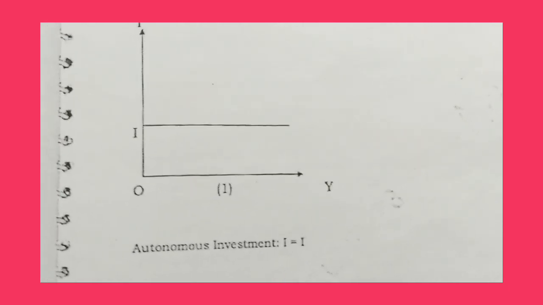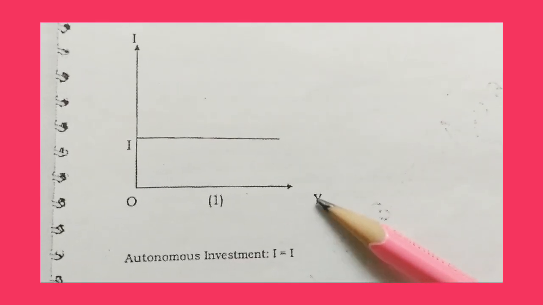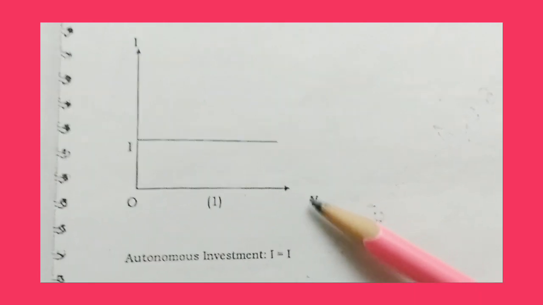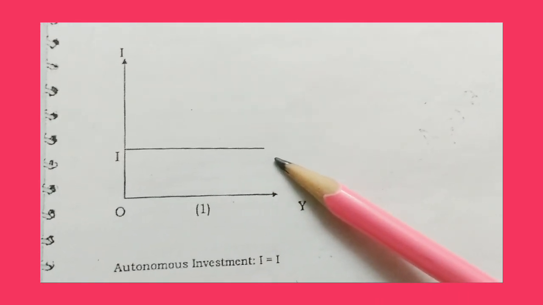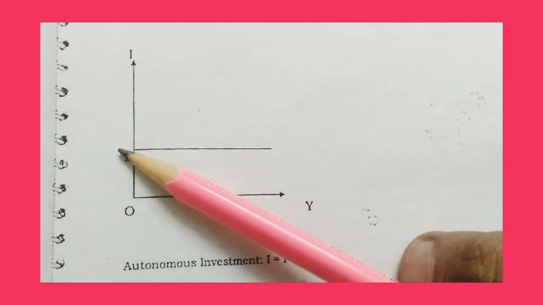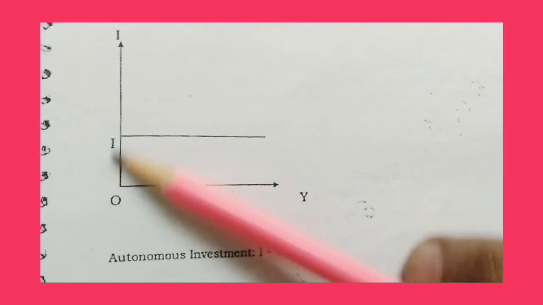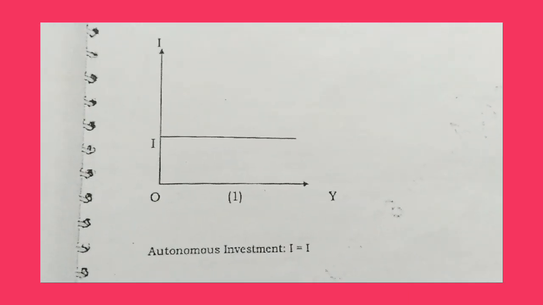See, this diagram shows the autonomous investment. The y-axis represents investment, and the x-axis represents income. Whether income is increasing or decreasing, there is the same level of investment. That is called the autonomous investment.